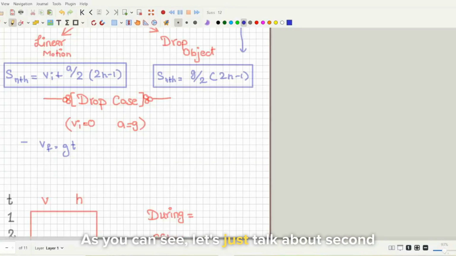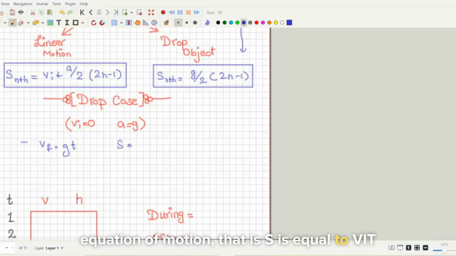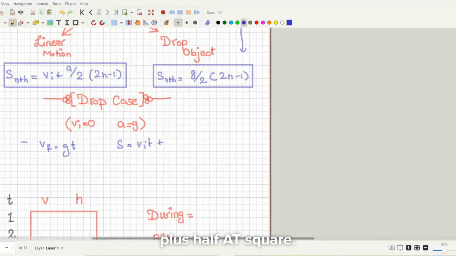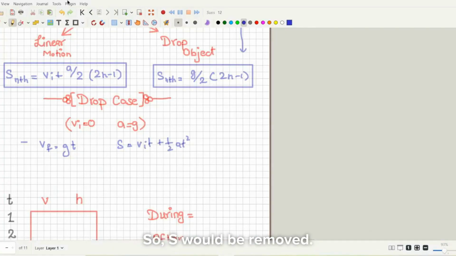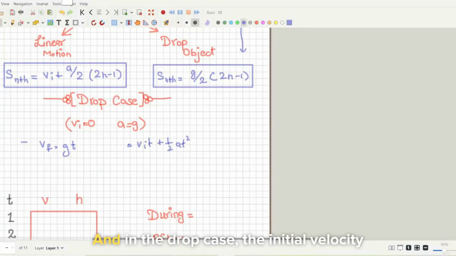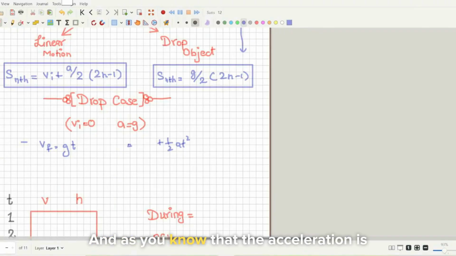Let's talk about the second equation of motion, that is S equals Vit plus half at square. In the drop case, the distance is actually height, so S would become h. The initial velocity equals 0, so Vit would be 0. And as you know, the acceleration is gravitational acceleration, so a would be g.